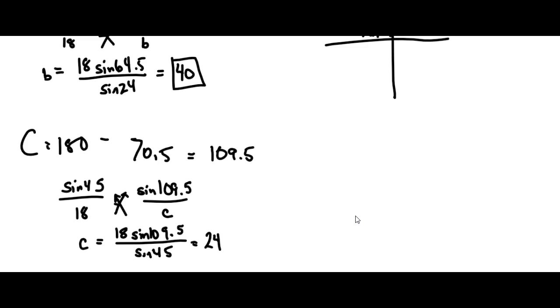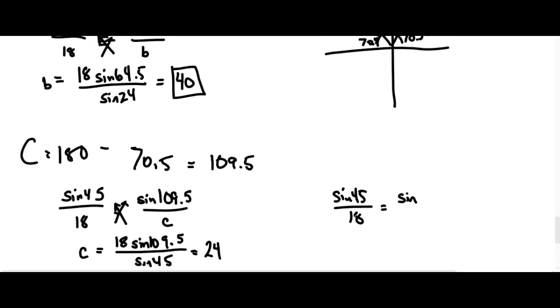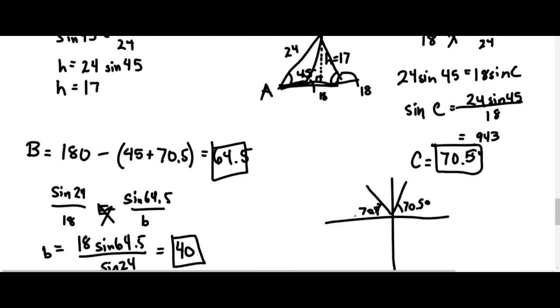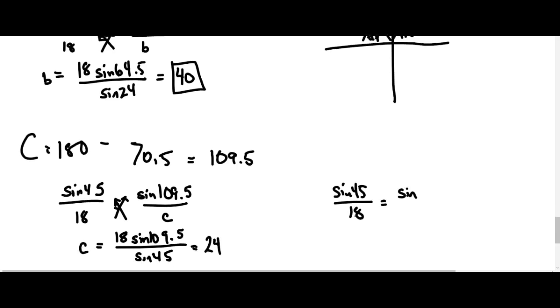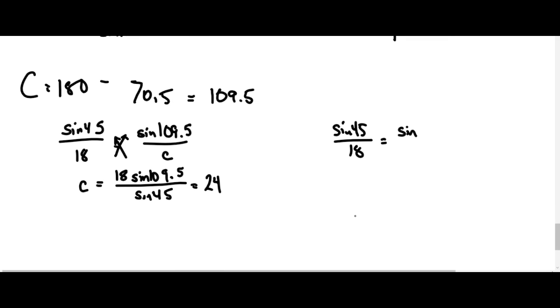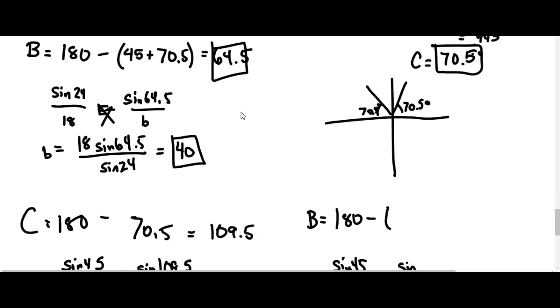and we'll do the same thing for the remaining side b. We know that sine 45 over 18 equals sine of angle B, which is, in our case, let's see here, angle B, we have to figure that out first. So angle B is going to be the third angle of the triangle, which is 180 degrees minus 109.5 and also 45.